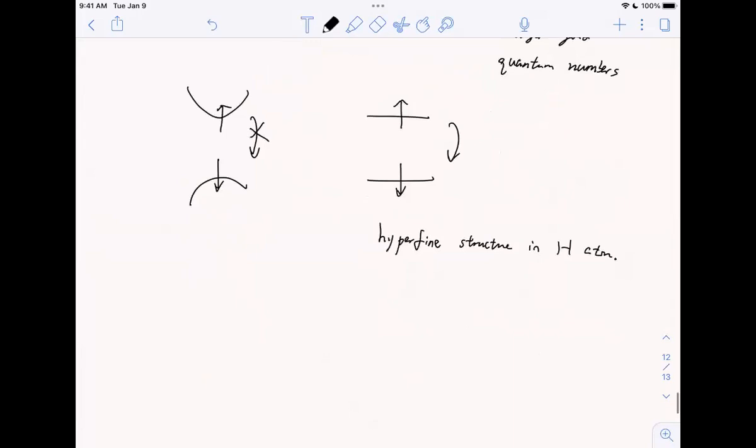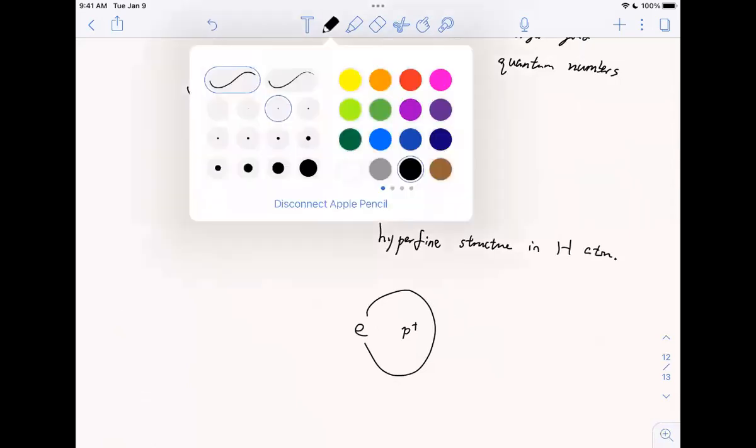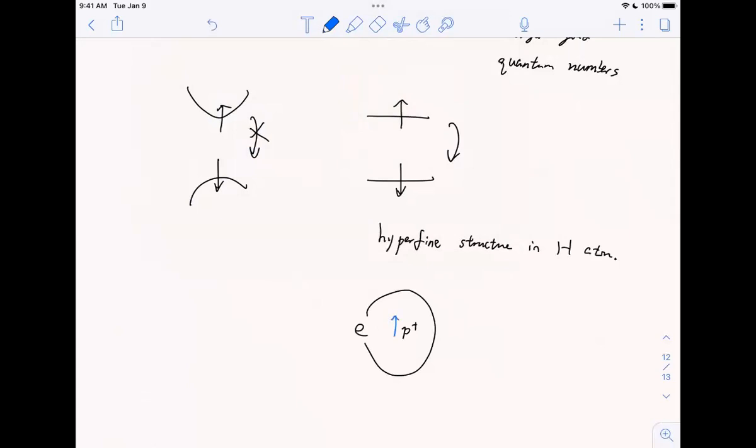So basically, you have a hydrogen atom, and then you have a proton. The proton has a spin, and the electron has a spin.